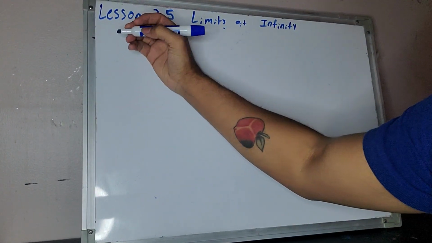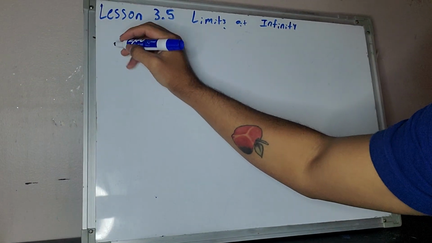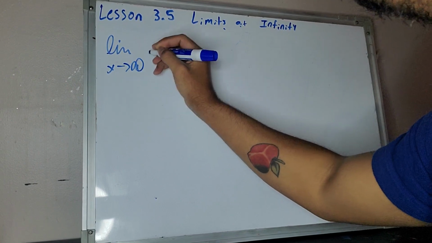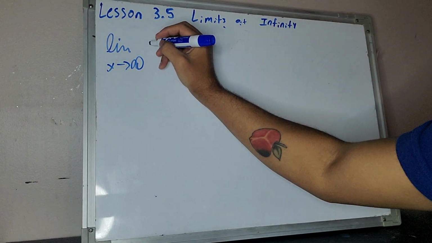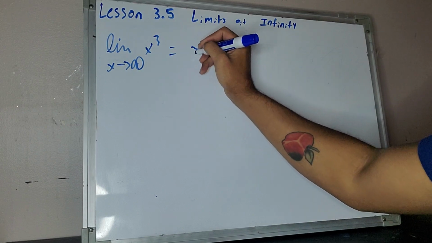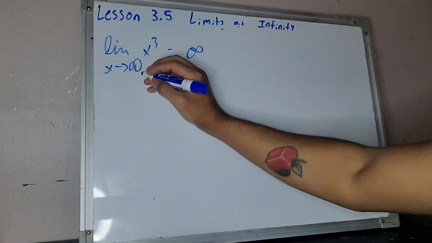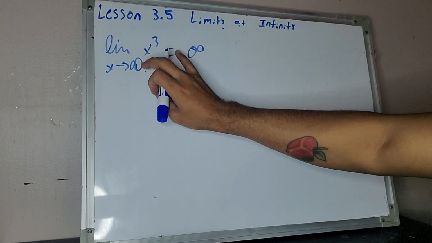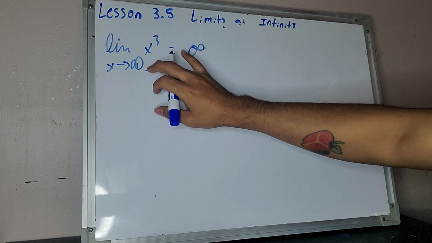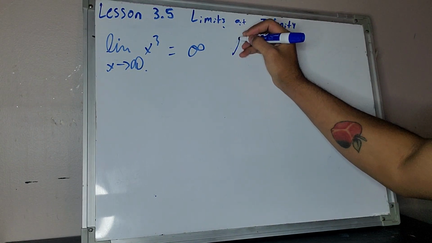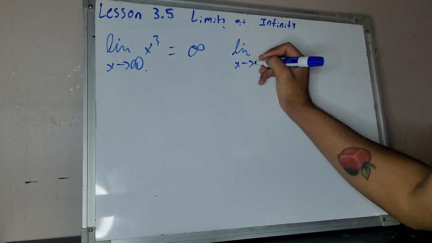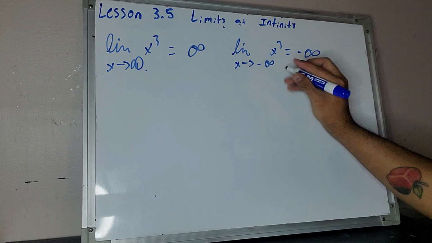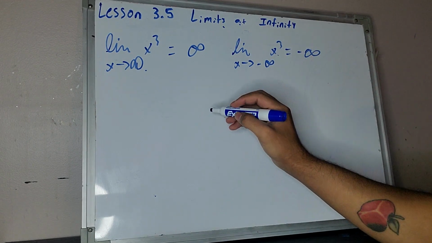It is also possible to find that a limit at infinity can equal infinity if the value will consistently, such as this function x cubed, increase without bound, or if the same function would consistently decrease without bound.